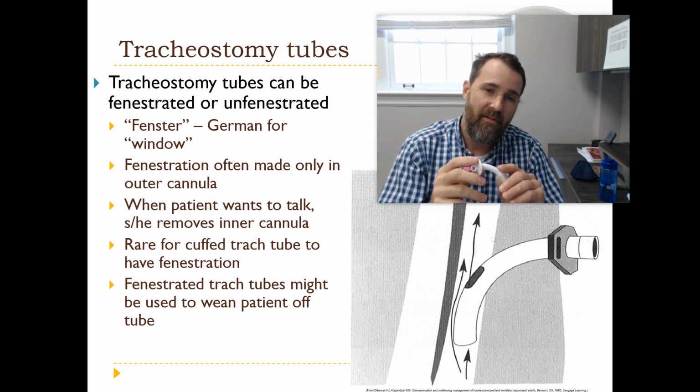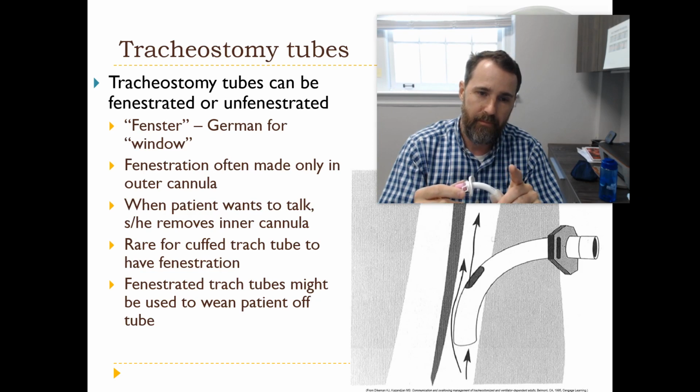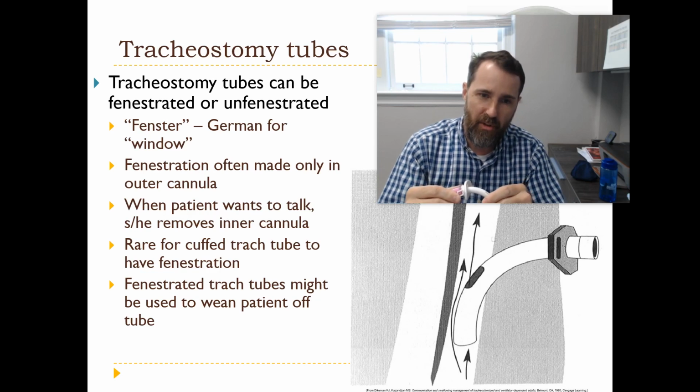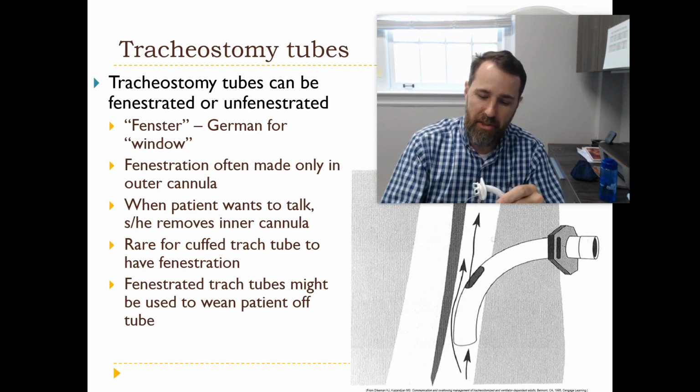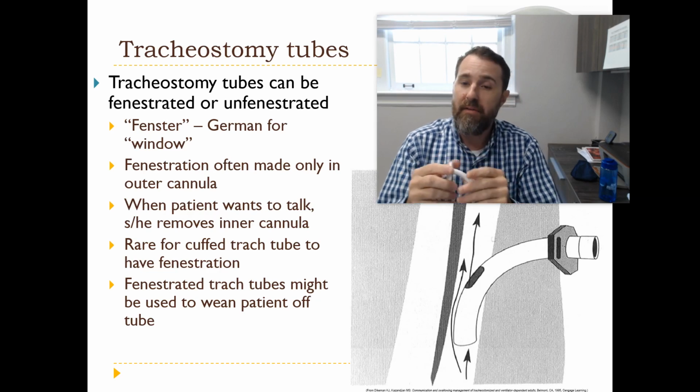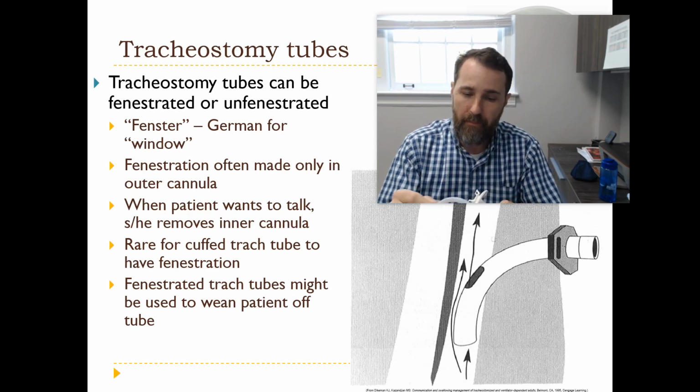The presence of a fenestration also allows that to happen. The docs can use the presence of the fenestration and have the patient pull out the inner cannula and breathe through their natural airway.